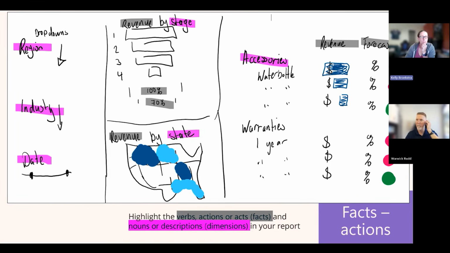So there's two parts to this particular question. You can have a ship to location and a bill to location that could absolutely exist within the customer. If that was the case, I would ask Warwick, this particular chart, the revenue by state, do you want to see that by ship to or bill to location?